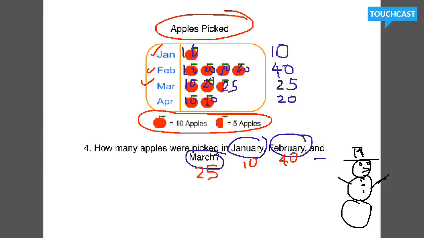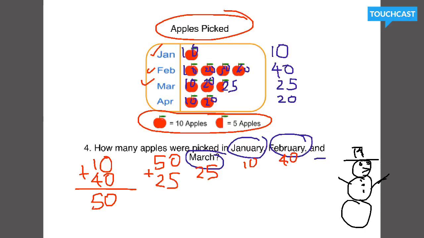Well, it sounds like the question's asking us to combine all 3 numbers. So let's go ahead and add. 10 plus 40, 50. And then now we're going to take that answer, 50 plus 25. So we've used this, and now this to get 75. Your final answer, which I'm going to circle, should be 75. Awesome, awesome job.